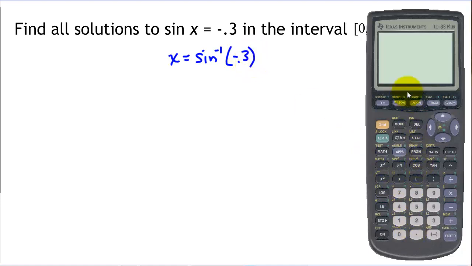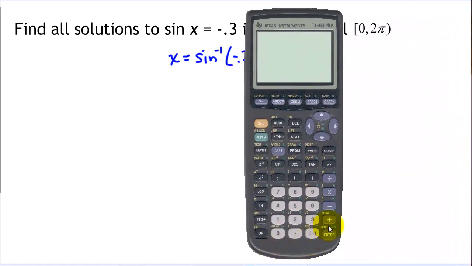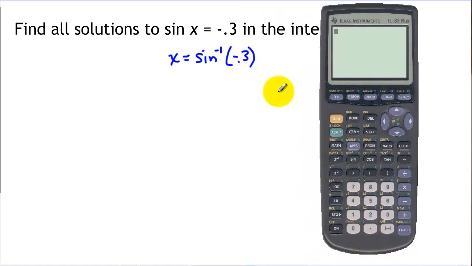Now since our interval here was 0 to 2 pi, we want to make sure our calculator is in radian mode, because we're looking for radian answers here. And remember 2 pi is approximately 6.28, so we'll be looking for answers between 0 and 6.28. So let's calculate here.